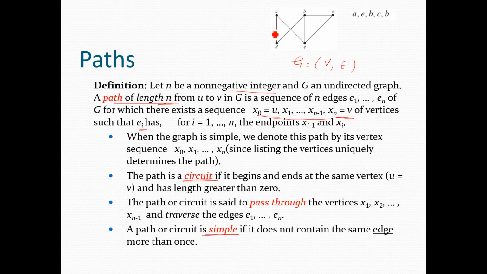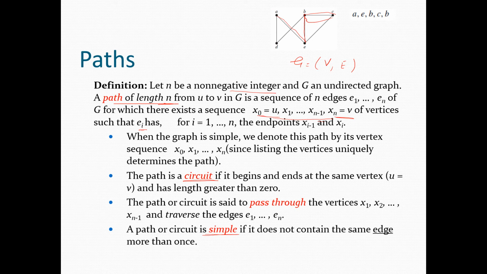So this is a sequence A, E, B, C, and B. So let me draw A, E, B, C, and B. So we got back to B as well.